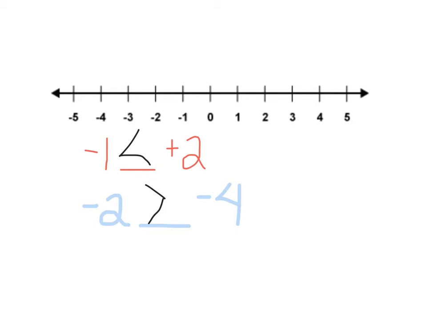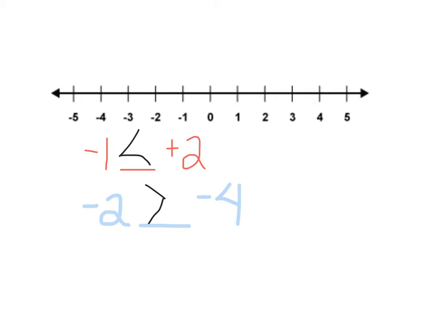Okay, in order to order these, if we're using this horizontal number line and we're going to order these from either least to greatest or greatest to least, we can also look at this number line to help us. So least to greatest, we would begin with the integer on the furthest left because that's going to be our least amount. Our greatest number is going to be over here on the right.